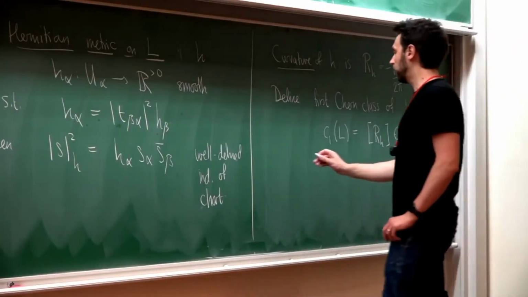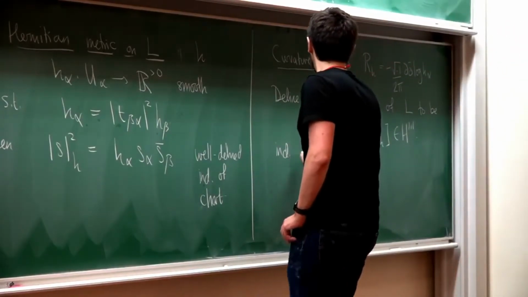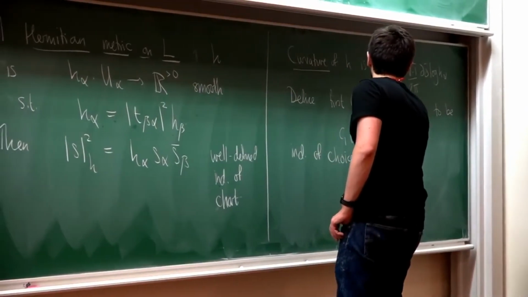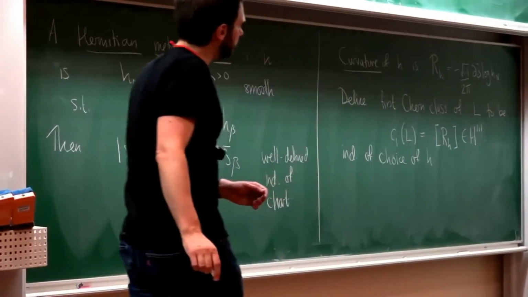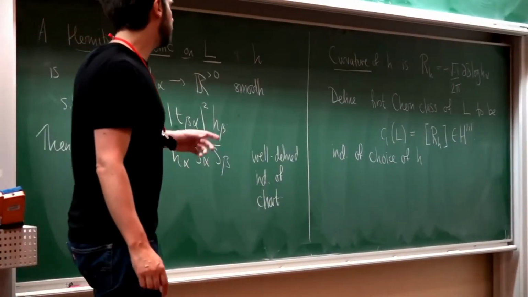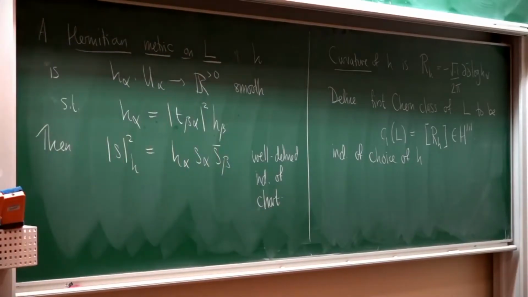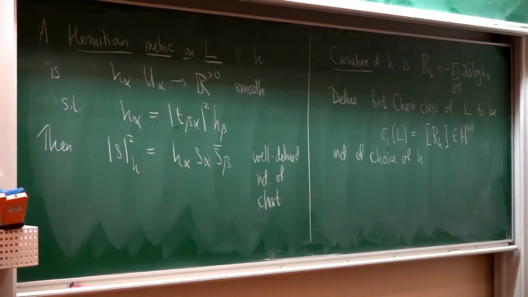And it's independent of the choice of H, which is easy to see. And you might ask, well, how does it correspond to the other notion of first Chern class that I was talking about? Well, that's a special case where you take a very special L.